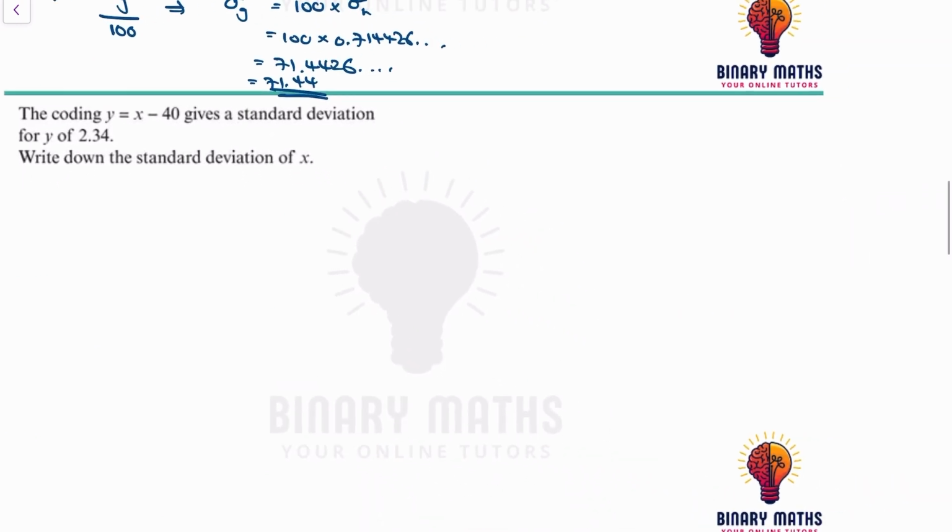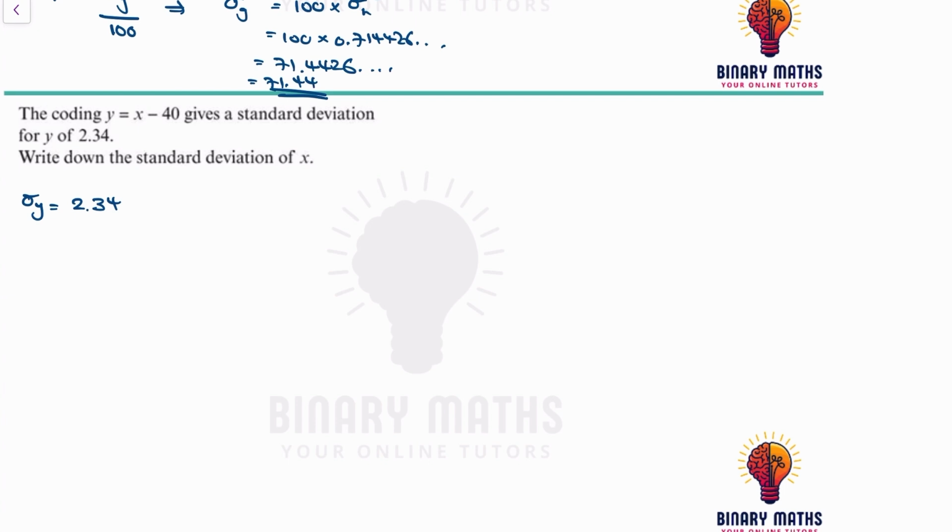Question 4, the next question. The coding y is equal to x minus 40 gives a standard deviation for y of 2.34. Write down the standard deviation of x. So sigma of y, the standard deviation of y, is equal to 2.34.